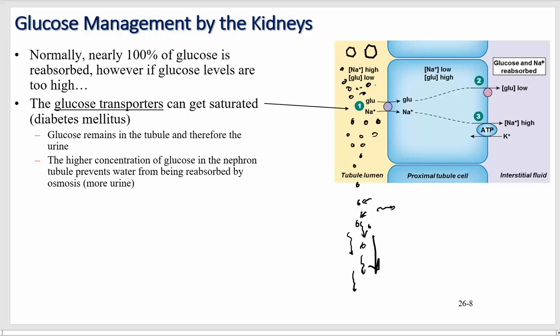That's a simple osmotic issue: water is always trying to maintain osmotic equilibrium inside and outside cells, or in this case, inside the lumen of the nephron. If there are more particles in here, the water is going to stay in too. So you have increased urine volume, and you have glucose in the urine.